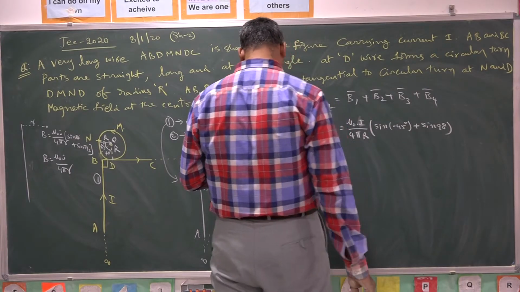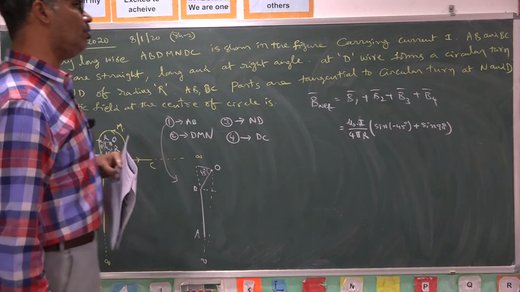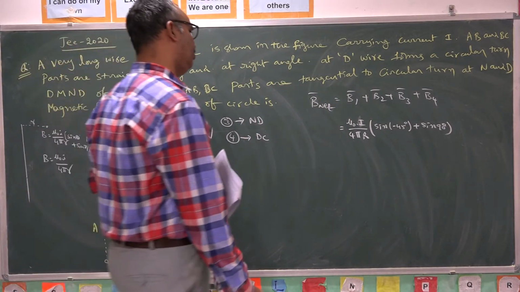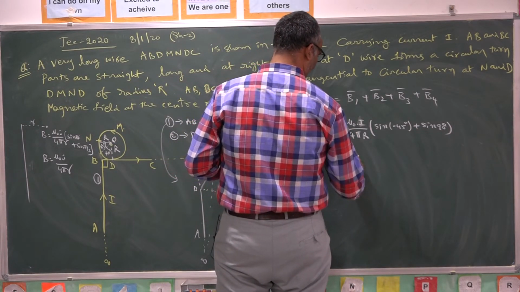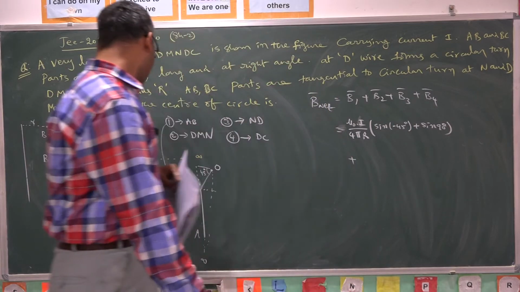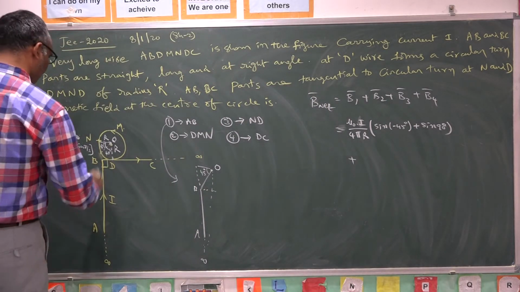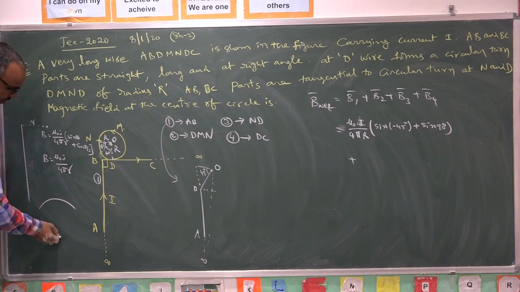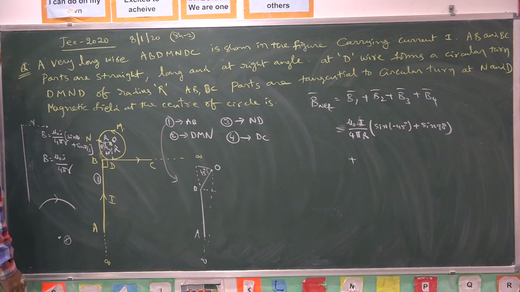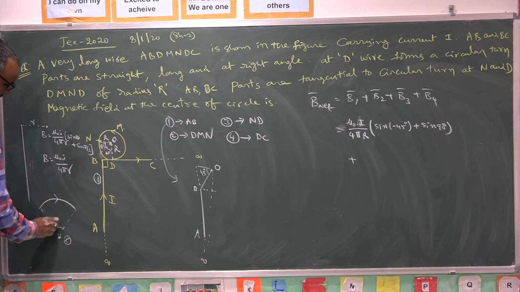Field due to the second wire, plus this is B1 plus B2. Second wire is the arc shaped wire. For an arc shaped wire, the strength of the magnetic field is, if current is going like this, field is into the paper, but here current is going in the opposite way. Suppose it is making an angle theta here.